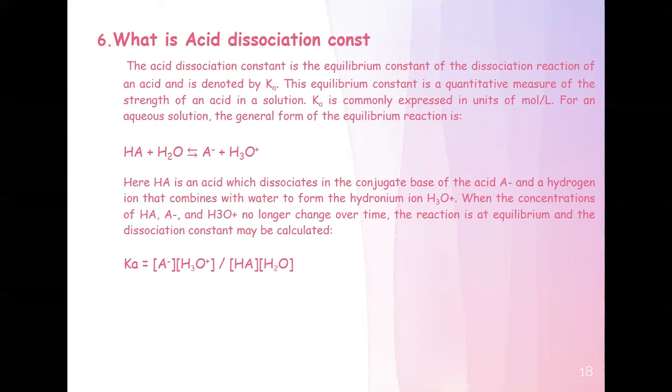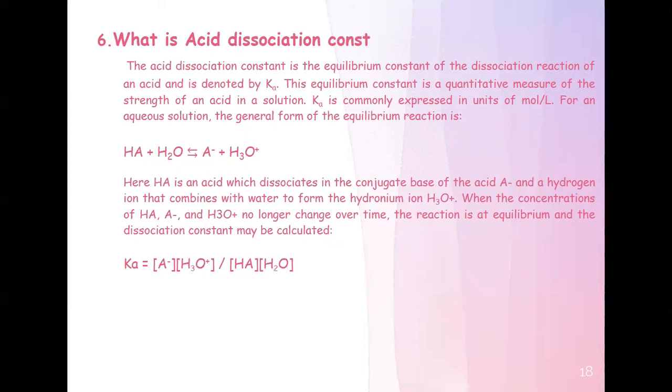When the concentration of A minus and H3O plus no longer changes over time, the reaction is at equilibrium. Means when the concentration of your solution shows the same amount of A minus and H3O plus, then we can say that the reaction is at equilibrium.